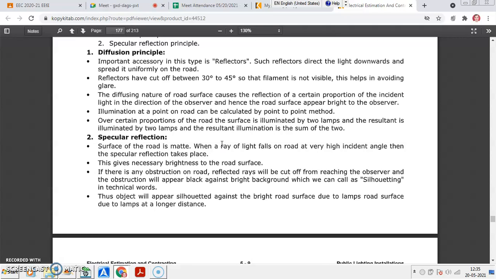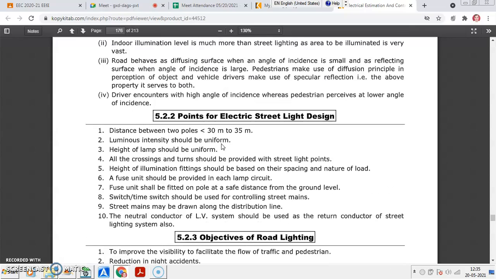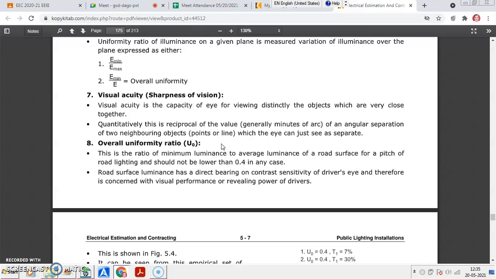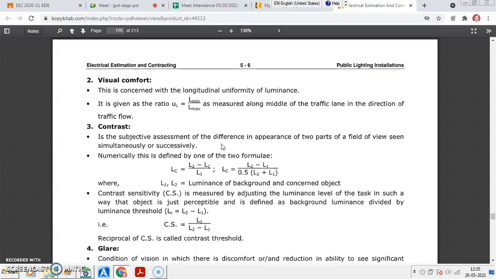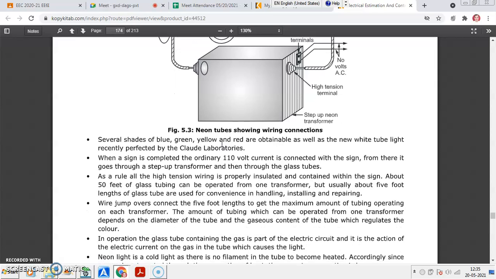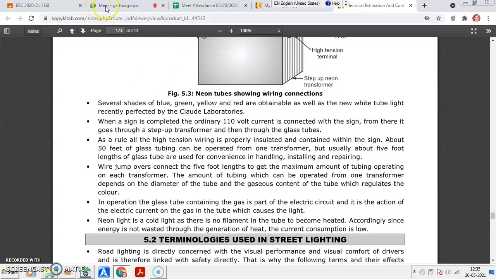So last time we have discussed, once again let us go through major terms, terminologies, different types of outdoor lighting schemes.